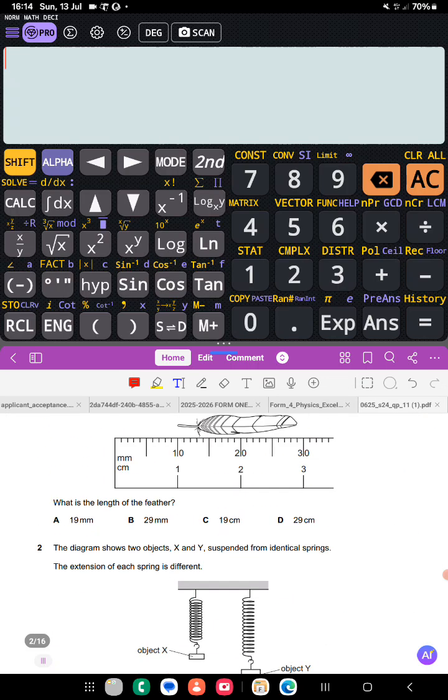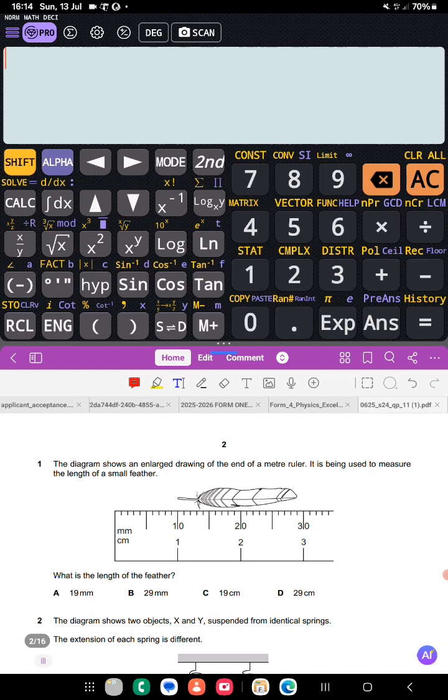So without further ado, let's look at what question number 1 is asking us to do. We are told that the diagram shows an enlarged drawing of the end of a meter ruler. It is being used to measure the length of a small feather, which we have to determine the length of.